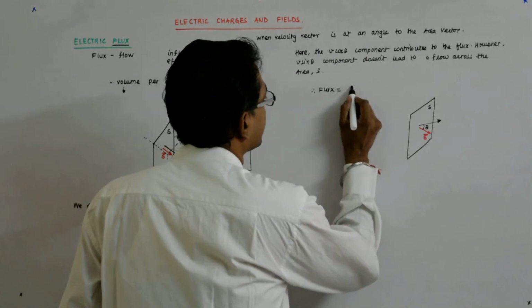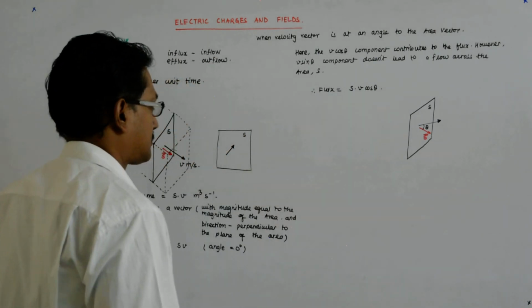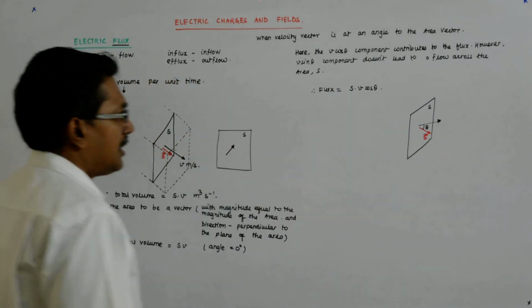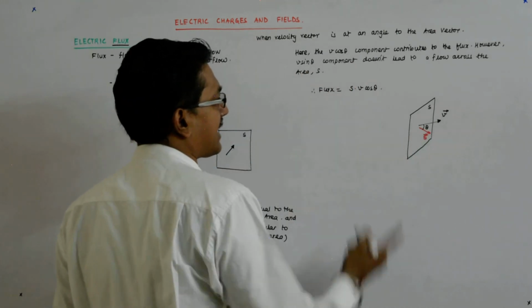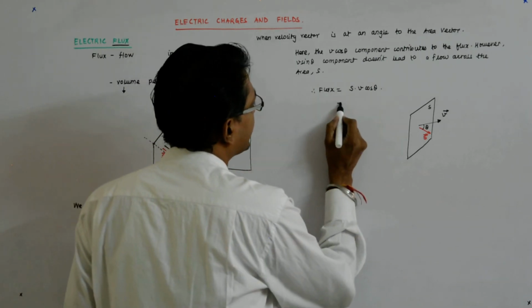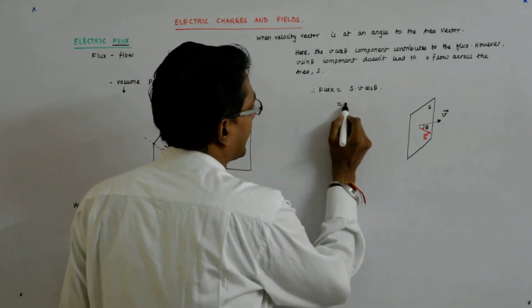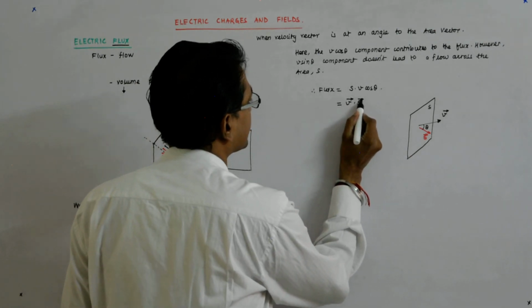So flux is S into v cos theta, right? Now I have this velocity v as a vector, S as a vector, and there is a cos theta term. It immediately tells me that this is v dot S.